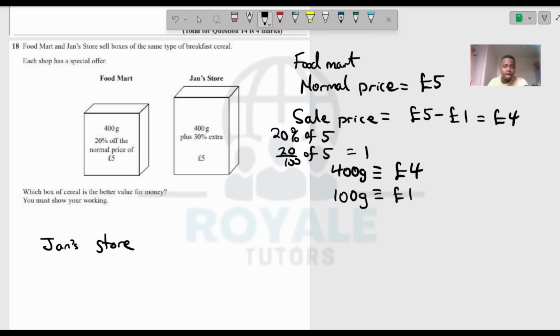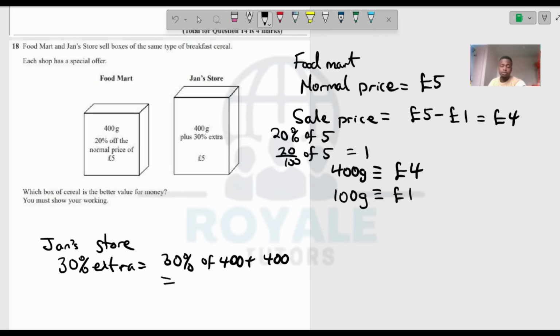For Jan's store, we have the same 400 grams, but this time we get 30% extra, not in terms of money, but in terms of quantity. So let me check the 30% extra firstly. 30% extra is going to be 30% of 400 plus the original value, which is 400.